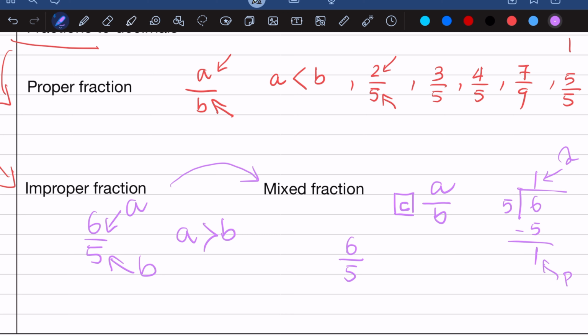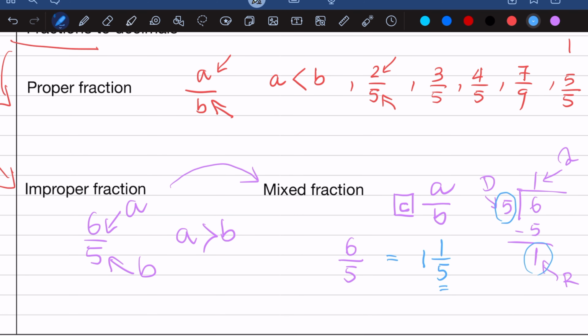And the remainder is 1. In a mixed fraction, we start with our divisor 5 here. Then we think about how many 5s remain when divided into 6. Well, there's a remainder of 1, so we just put it on top there and copy the quotient, which is 1. So 1 and 1/5 is equal to 6 divided by 5.